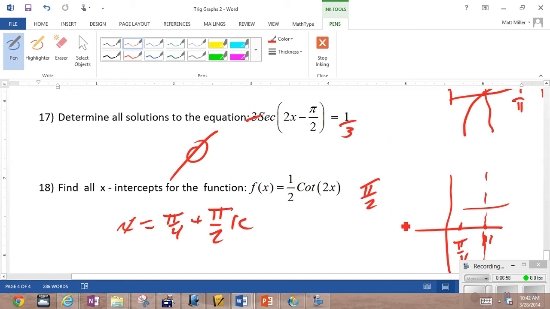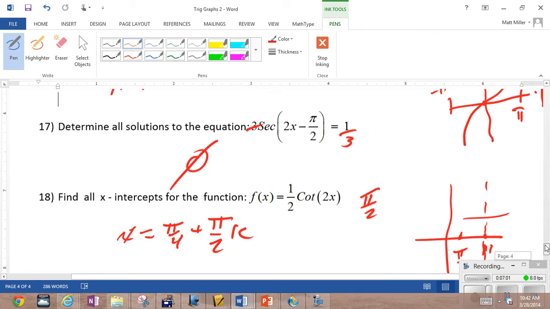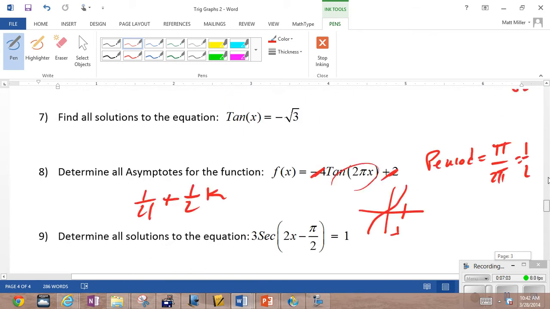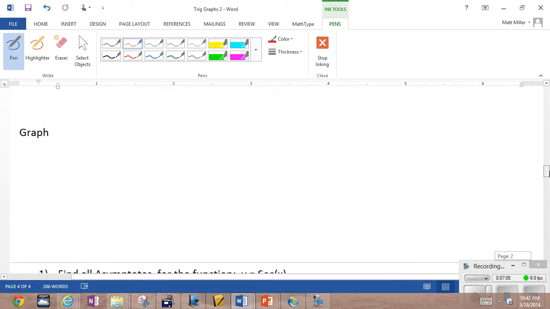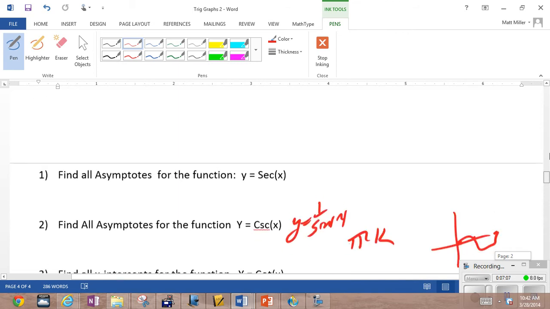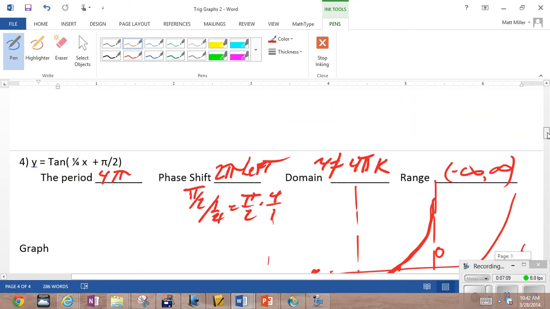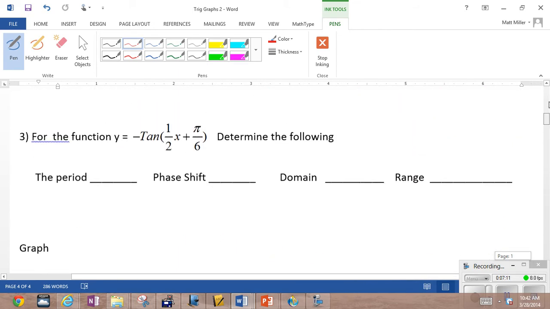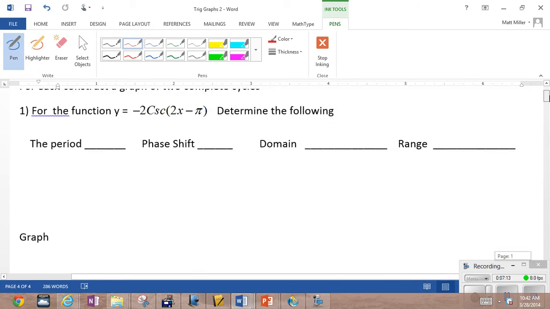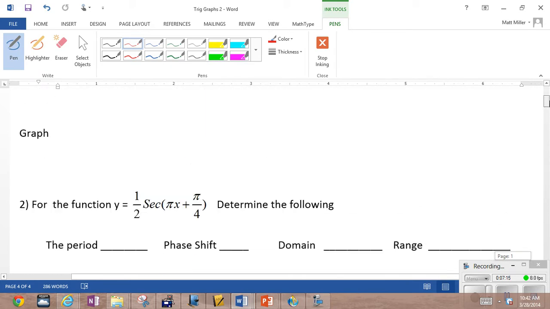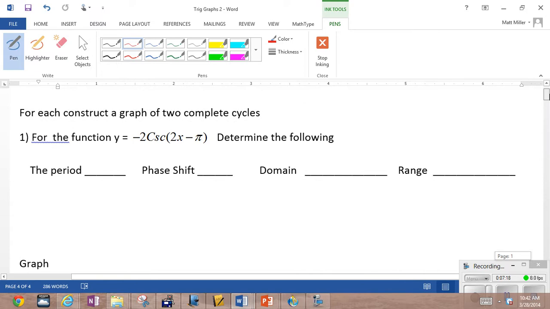So now let's look at some of the graphs. Let's look at how we can construct some of the graphs. This is a cosecant, so that's a cosecant graph.